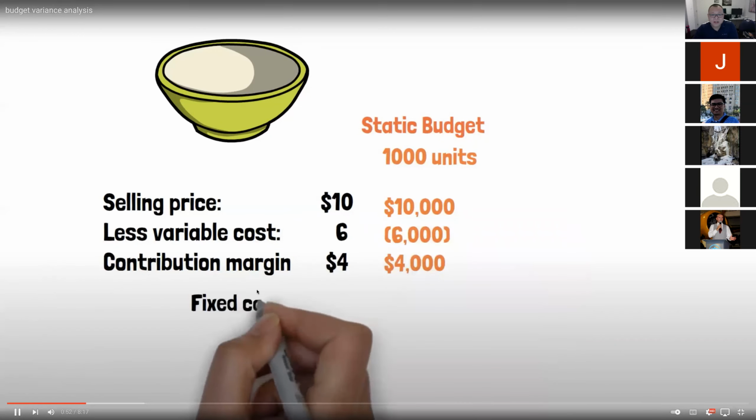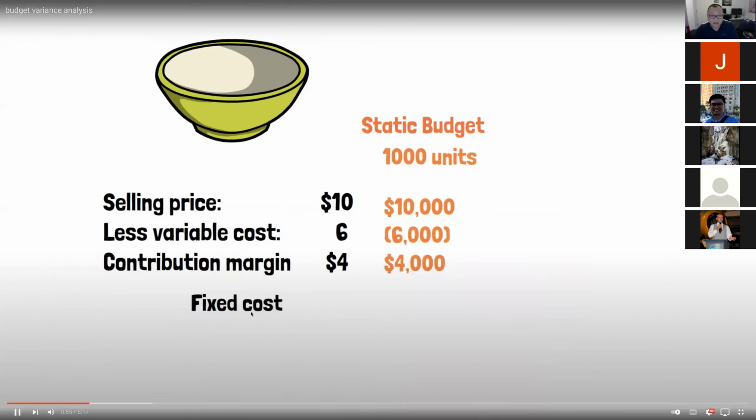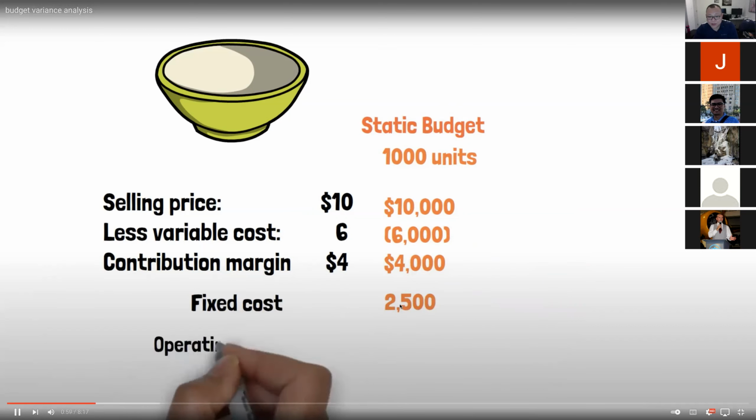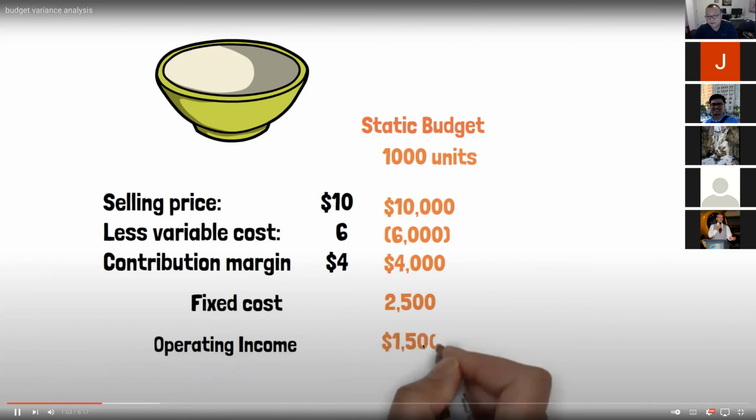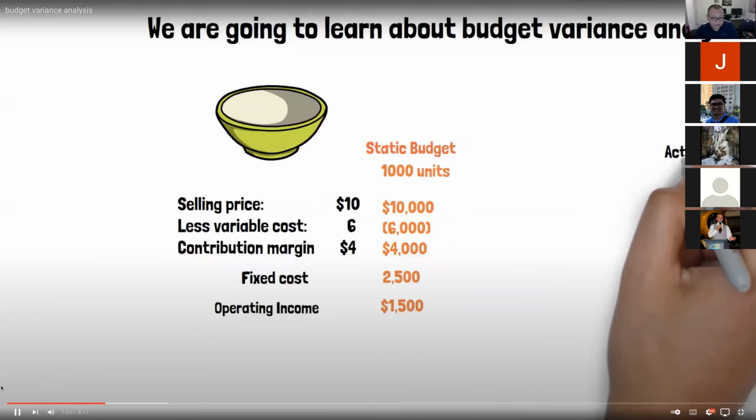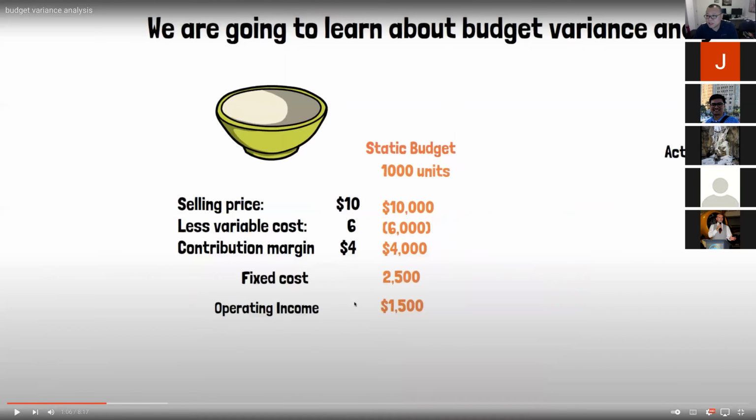Suppose the fixed cost is 2,500 for the static budget. So now your operating income will be 1,500. I'm just pausing here. Does that make sense? What is the static budget? As we learned, this is only for one level of activity.